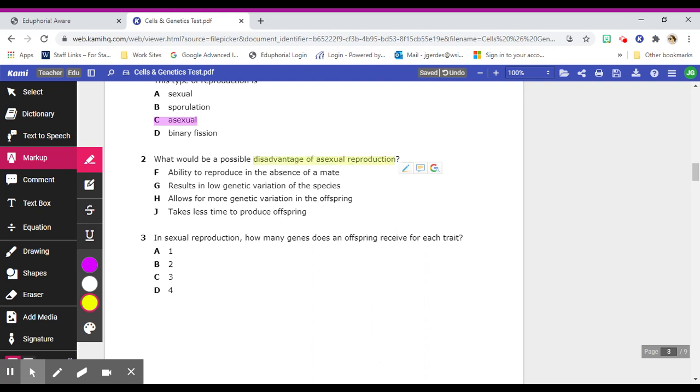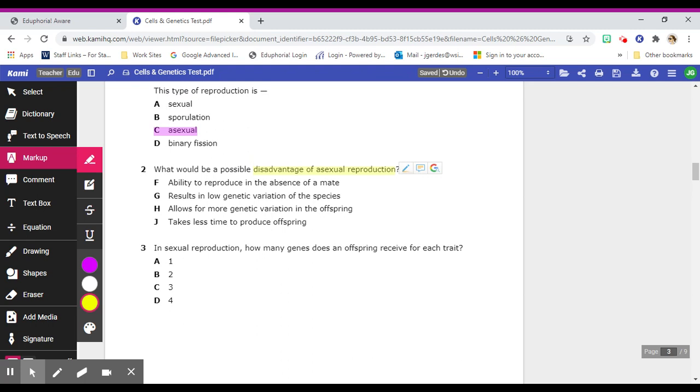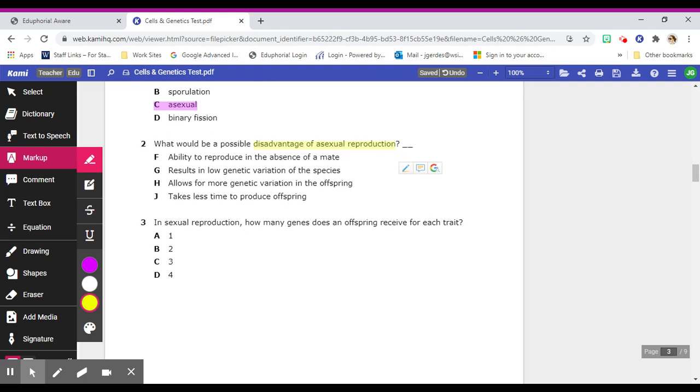That would have been like the negative column of your notes when we were talking about it. So if we look at our answer choice, it says F, ability to reproduce in the absence of a mate. Okay, so not having a mate, they'd still be able to reproduce. And actually that's a positive. So that's not a disadvantage.